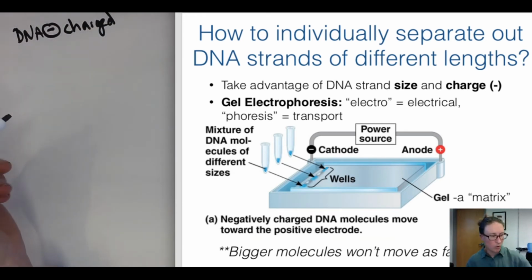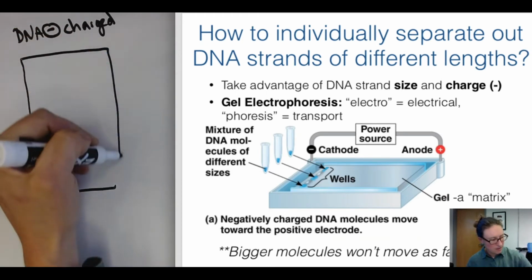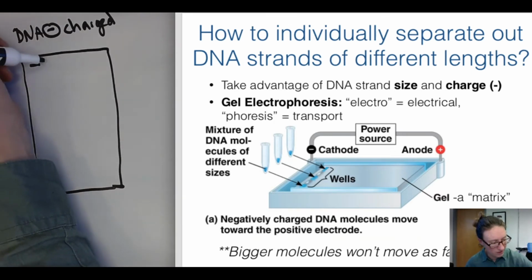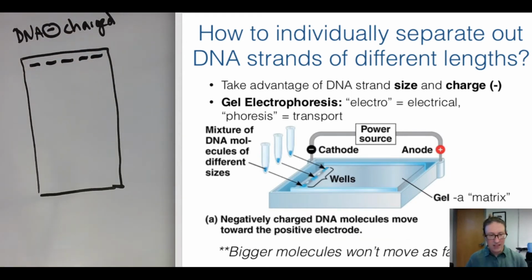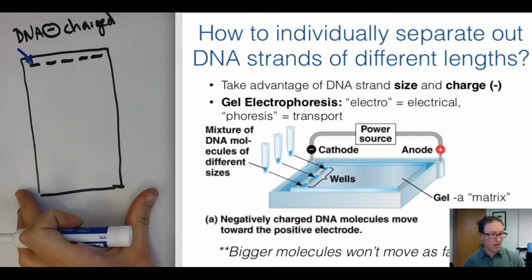So what you can do is you can take a mixture of DNA molecules of different sizes, as illustrated on this slide, and inject that mixture into a little well, into a gel.